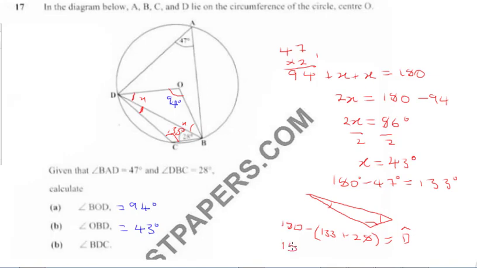So we've got 180 minus 161, which gives us 19 degrees. So angle BDC is therefore equal to 19 degrees.